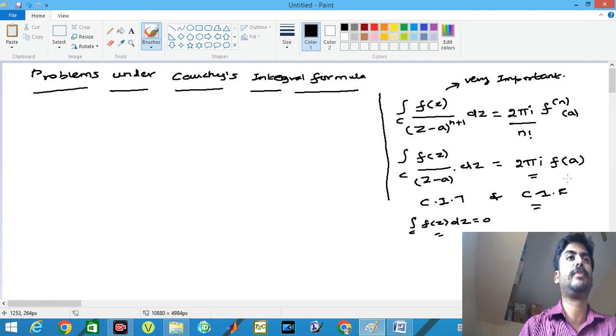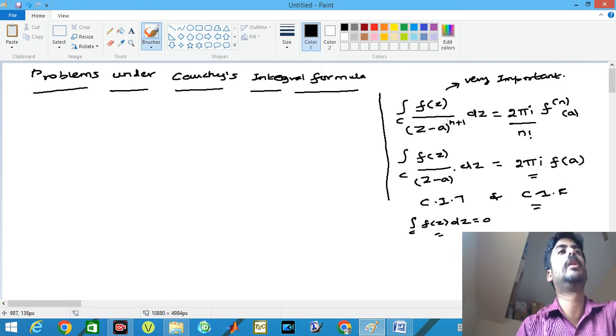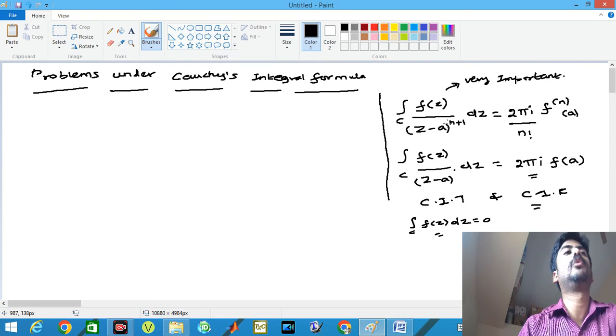Otherwise, for derivatives you can use the integral over C of f of z by (z minus a) whole power n plus 1 dz equal to 2 pi i by n factorial into f power n of a. You can make use of this. So I have told you the difference.